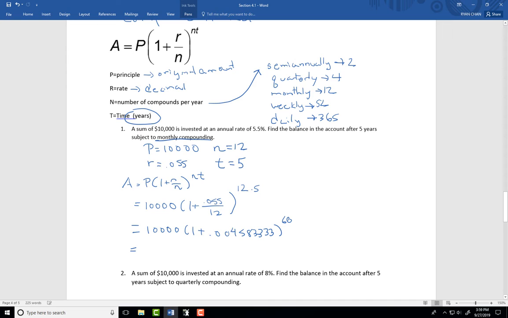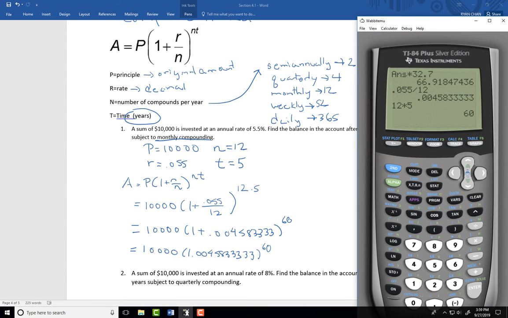I'm now going to add the 1. Now raise it to the 60th. So I have 1.31570337, and I'll multiply it by 10,000.